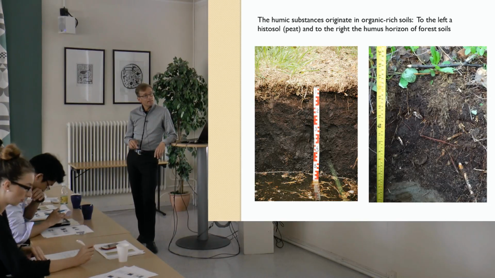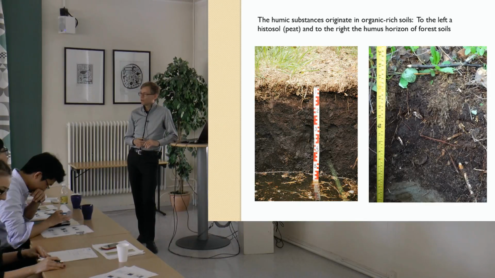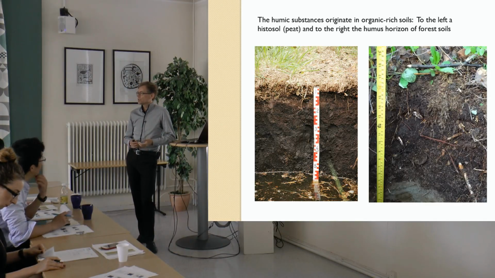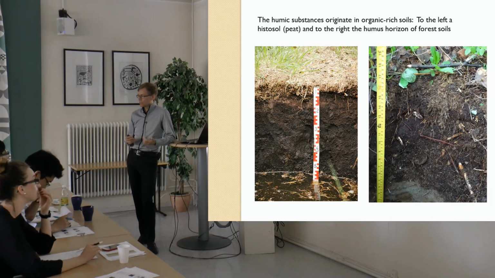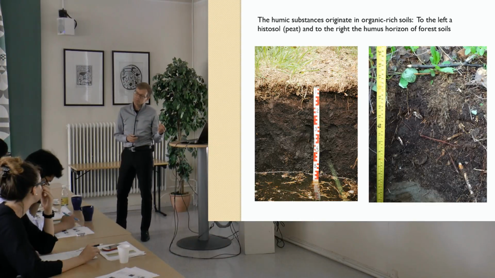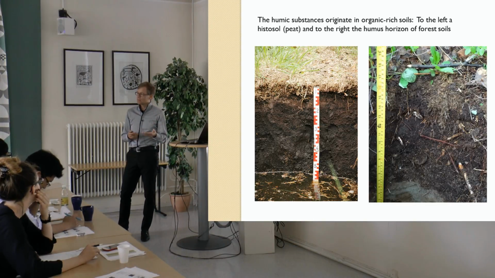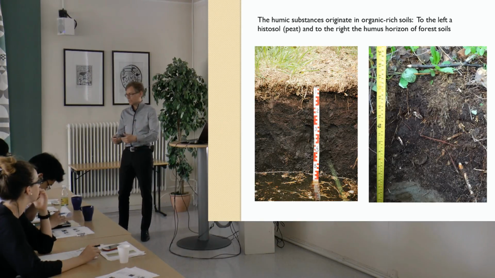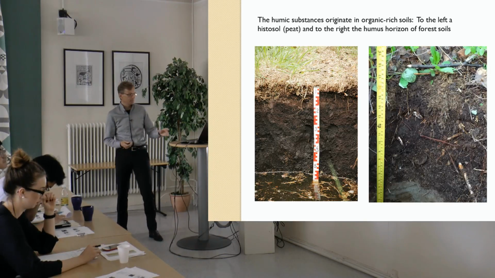And here is a humus horizon in a forest soil. It's a bit thinner. It's composed of roots, degraded organic matter, and also some geological materials. But to make it simple, these humic substances are derived from organic rich soils in the catchment, and they are leached out into the streams, rivers, and even into the sea.